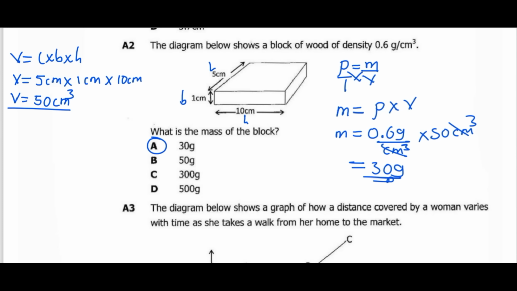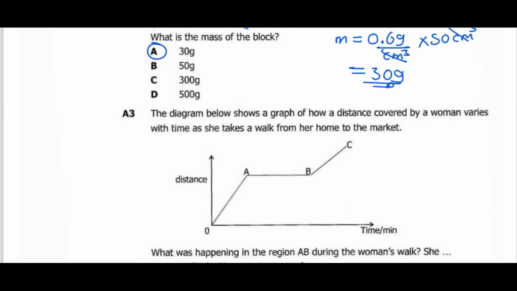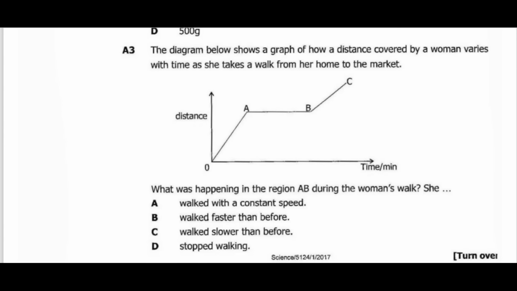Now we can move on to question 3. The diagram below shows a graph of how the distance covered by a woman varies with time as she takes a walk from her home to the market. Now this is a distance time graph. The way we treat a distance time graph differs from how we handle a velocity or speed time graph.